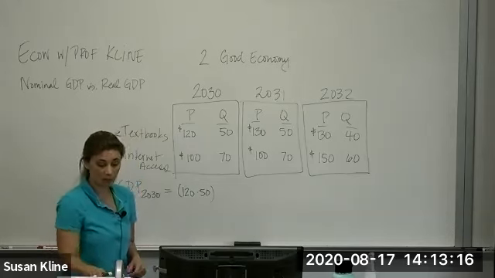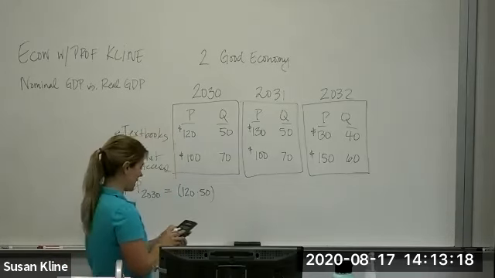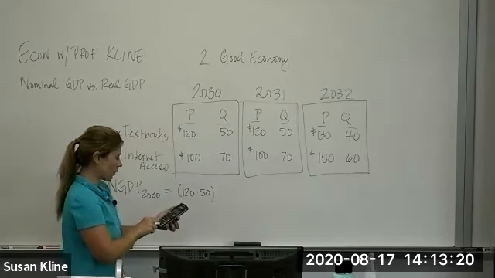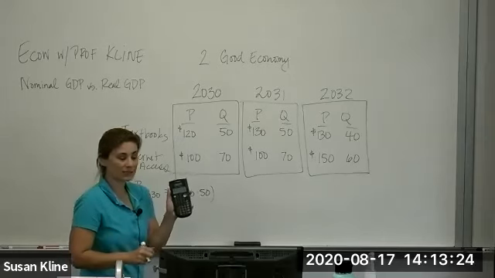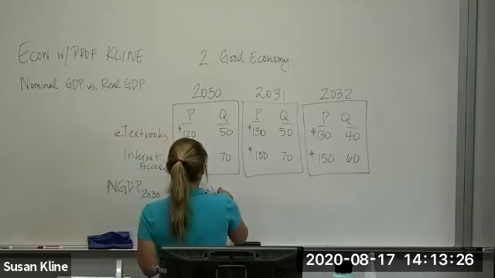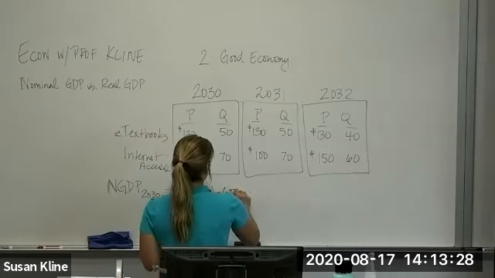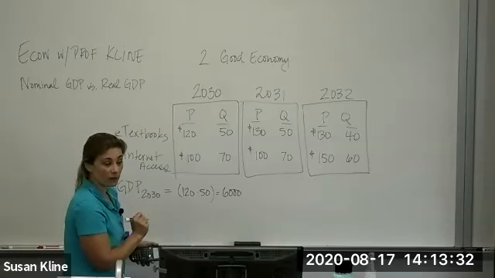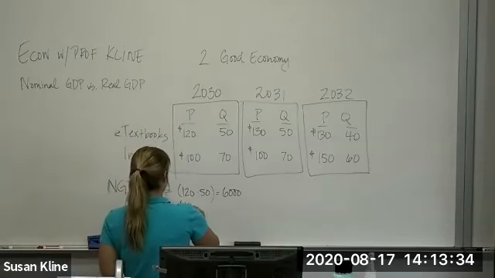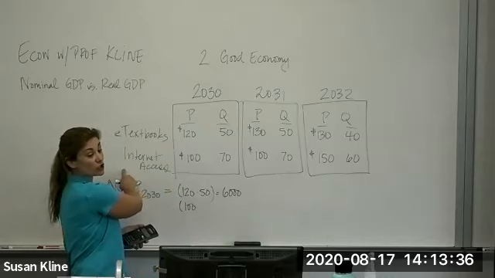You will probably want to grab a calculator and have that handy. In total, 120 times 50, we spent $6,000 on e-textbooks in 2030. But that's not the only thing we bought. We also bought internet access, which is an example of a service.